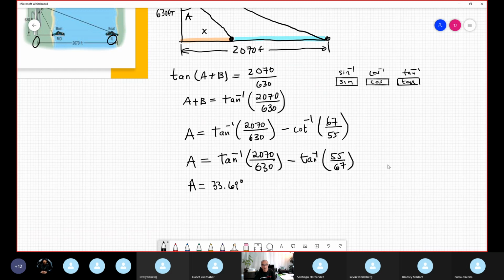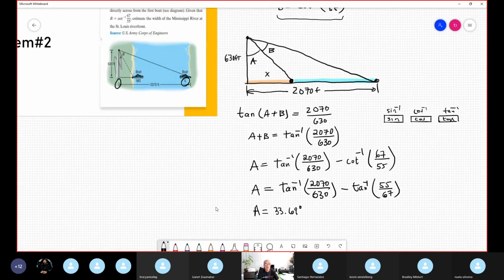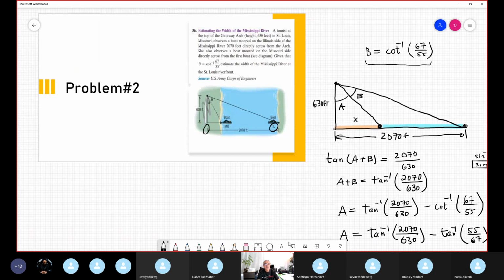Entonces, si en one problem is presenting cotangent inversa, bueno, we use tangent, pero flip it, reciprocal. Because you know very well que cotangent is a reciprocal of tangent. You flip the argument and you get the same value. I almost finish because I want to find the distance. What is the question?